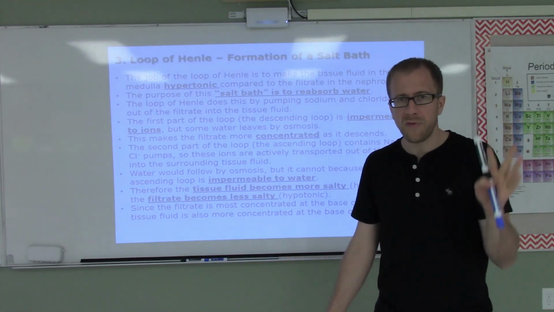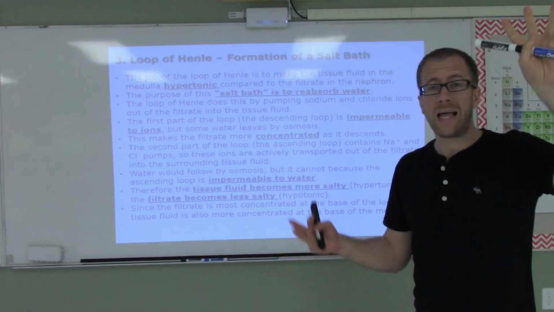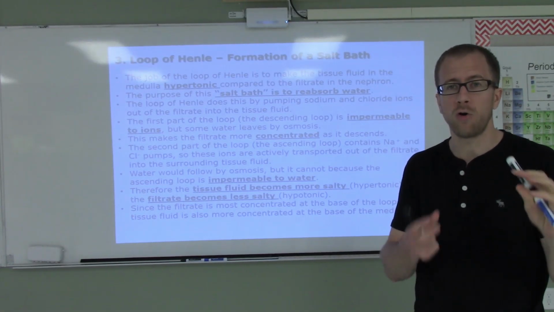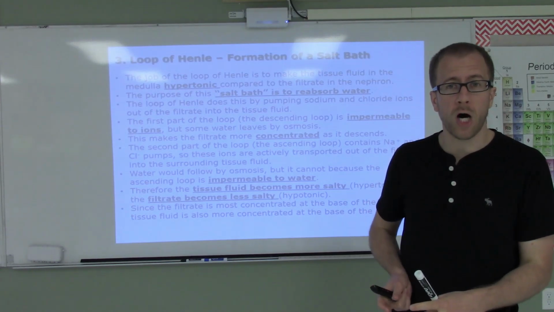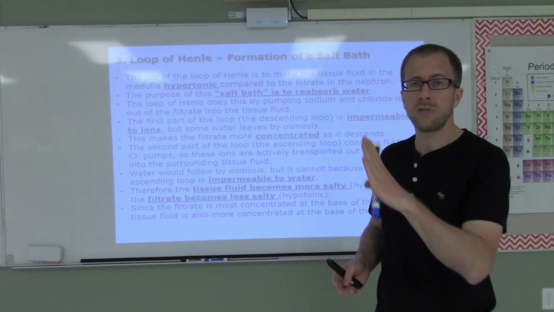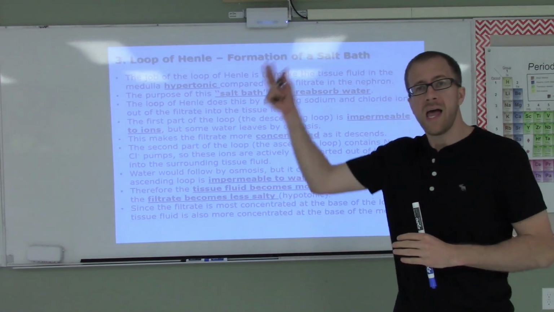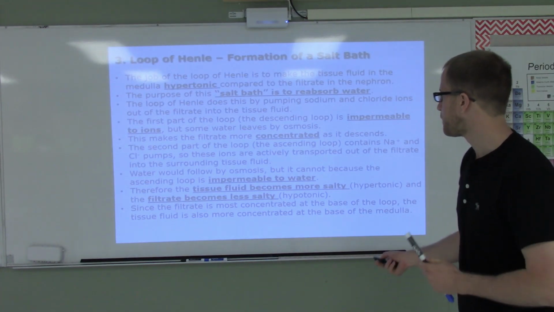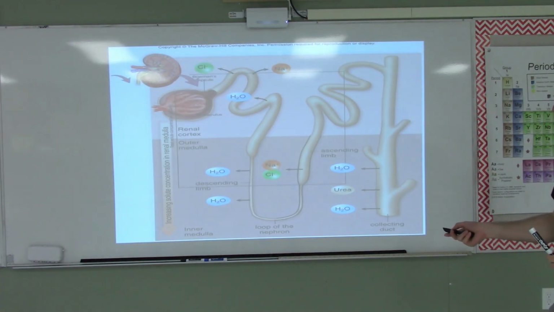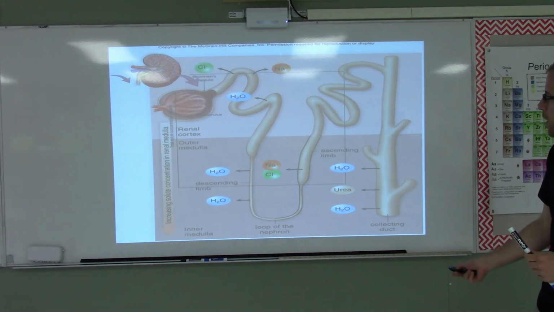So the descending loop of Henle is impermeable to ions, but we allow water to passively diffuse out, making that filtrate very concentrated when it reaches the bottom of the loop of Henle. Then as it goes up, we make it impermeable to water and actively pump out all of those ions.